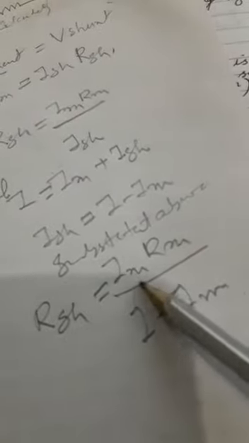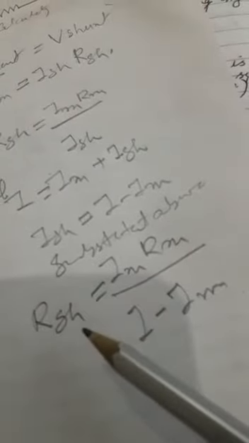So the shunt resistance will be equal to IM RM, the meter current and meter resistance, divided by I minus IM. What is I?